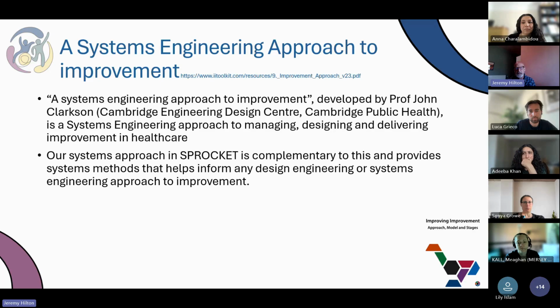And really what we're covering here is the early stages of the thinking one needs to go through to make sure that what you're asking for to be engineered, as it were, is what we need. And also our improvements and transfer in Sprocket aren't as large, and we don't have the resource or time to take the full approach that he's talking about, but it is very complementary to that approach.